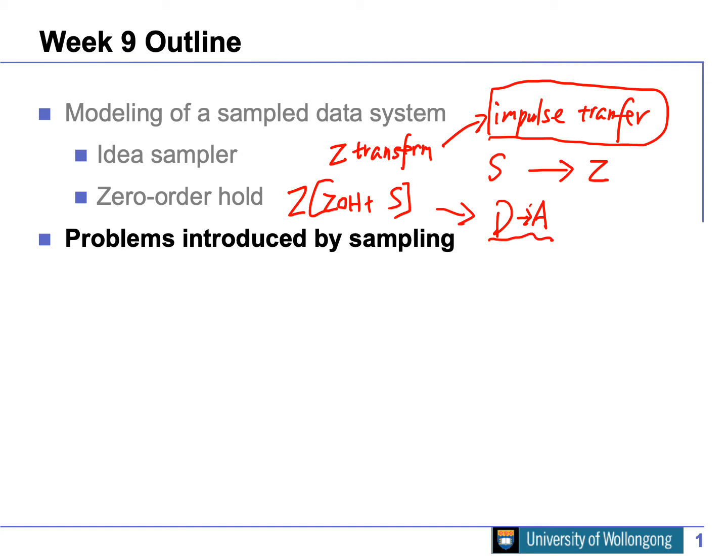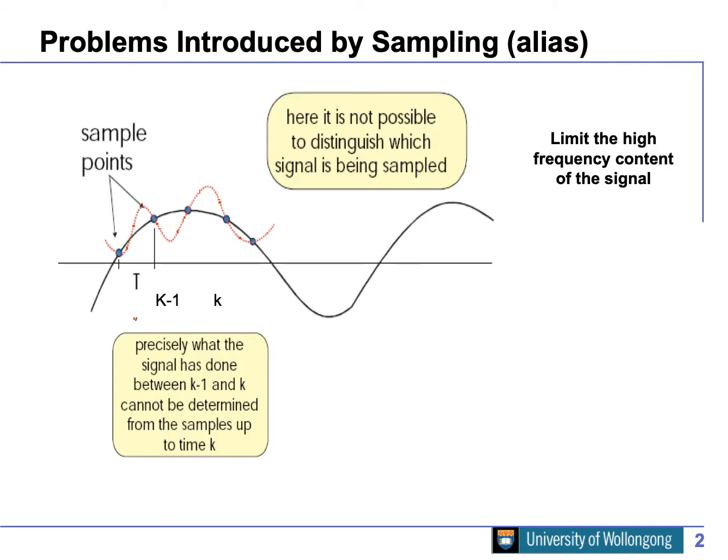After those two, for the rest of this week, I'm going to introduce the issues that come from sampling, basically from the sampler and also the zero-order hold.